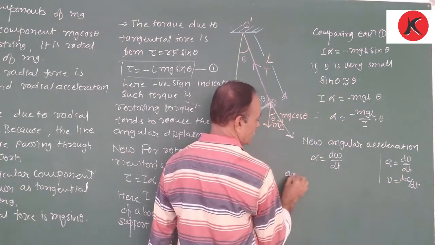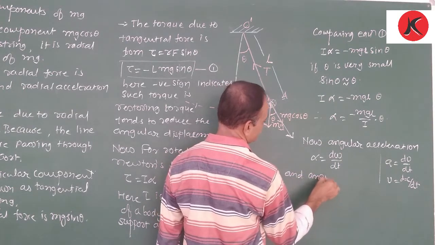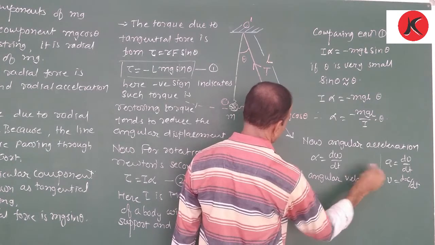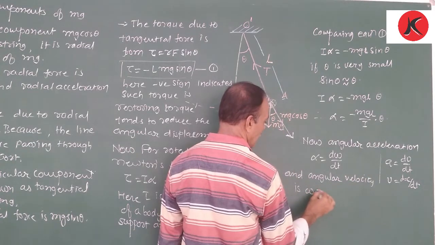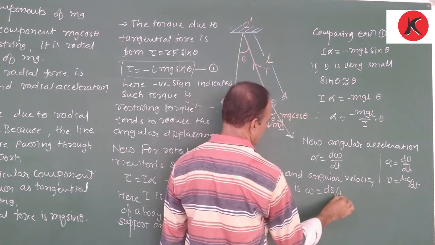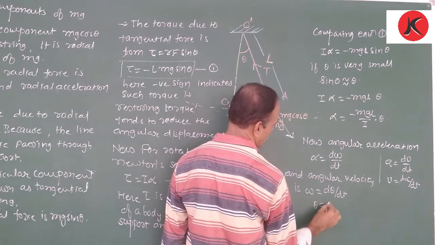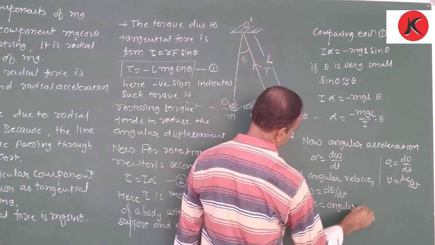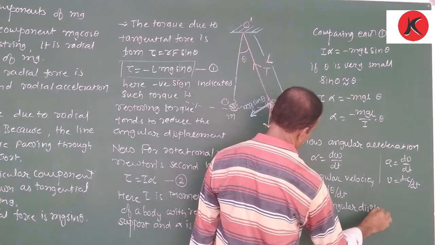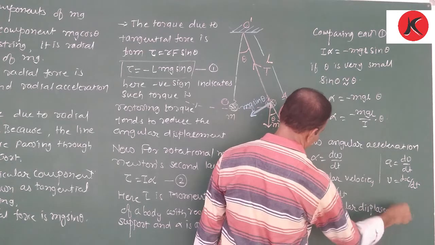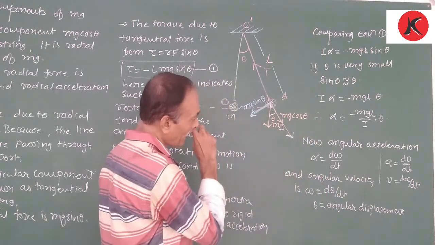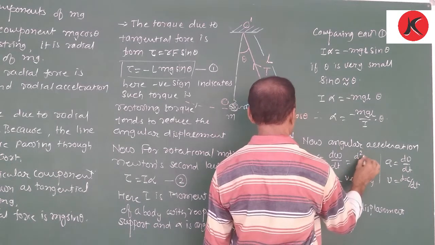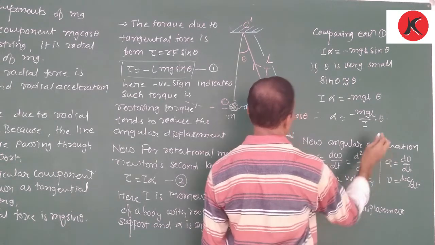And angular velocity omega is equal to d theta by dt, where theta is the angular displacement. Okay. Therefore, alpha is equal to d square theta upon dt square.